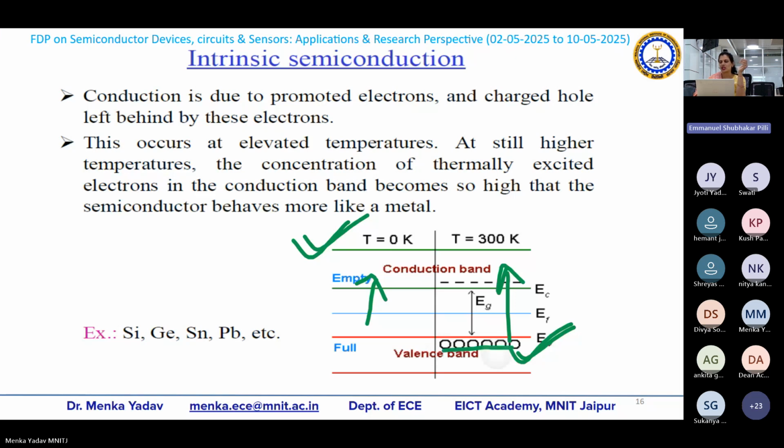This is known as a hole. So the number of holes is equal to the number of electrons. We will represent this by Ni. So the intrinsic carrier concentration Ni is the same for electrons and holes.